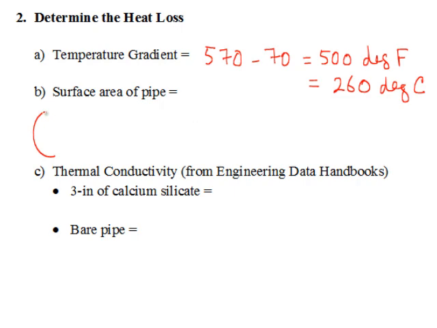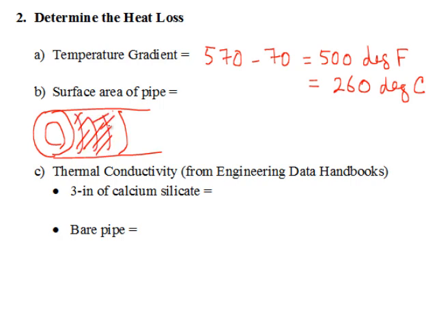The surface area of the pipe would be the outside surface. So if this is a pipe, we are going to determine the heat loss over a given surface area, the outside layer. So that would be equal to pi times the outer diameter, that gives us the circumference, times the length that we choose.